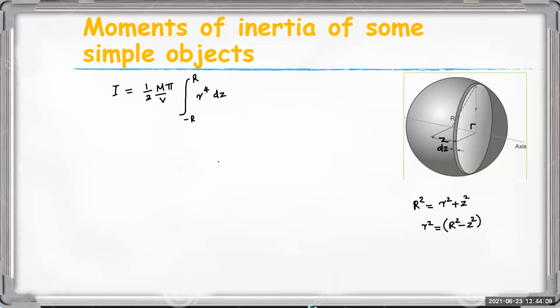Then the variable we have written is equal to m pi divided by 2V, integral from minus R to R, and in the place of r raised to 4, r square is equal to this quantity, so r raised to 4 is equal to (R square minus z square) whole square dz.